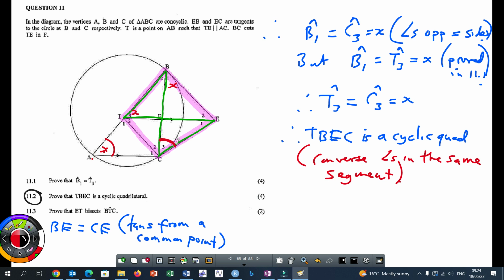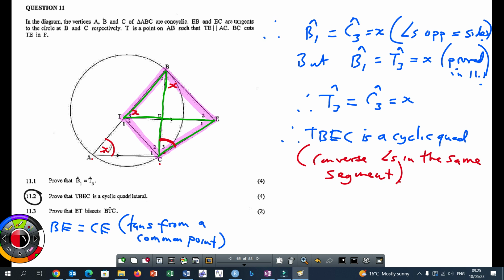C3 is an angle between tangent CE and chord BC. BC subtends angle A at the circumference. Therefore, C3 is equal to angle what? A. Also, because we already proved that B1 is equal to C3 and B1 is equal to A is equal to X, those angles are connected.